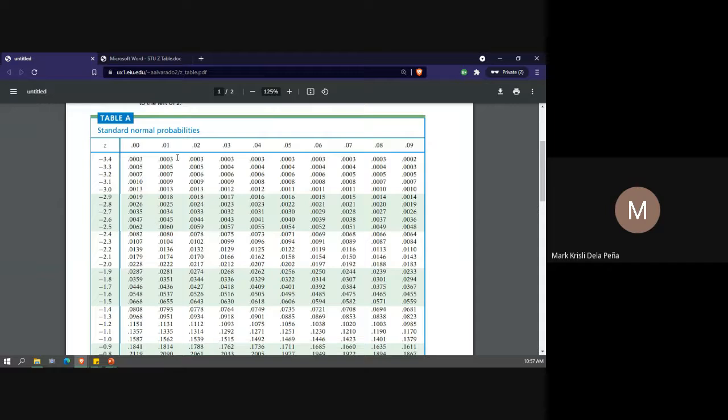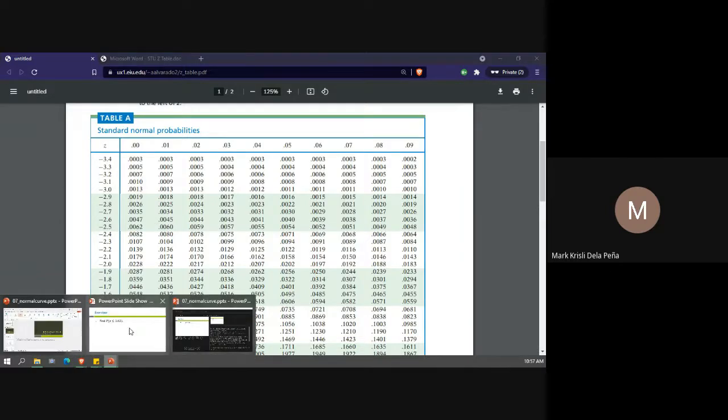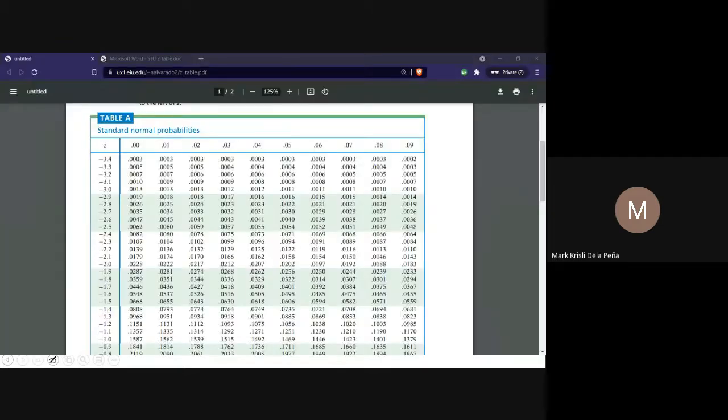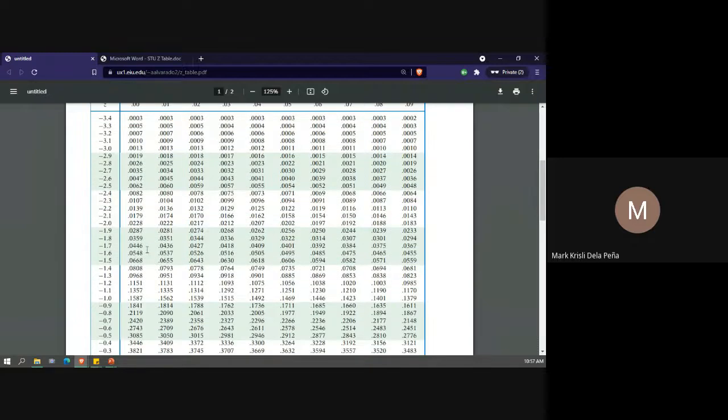Now, going back, we'll have to answer what is the probability of z when it is less than or equal to 1.63. Again, divide them by 2, separate them. So you will have 1.6 and the other one will have 0.03. We'll find 1.6 here, and if we re-add this back, the result will be the same, 1.63. Using the table, we have positive 1.63.